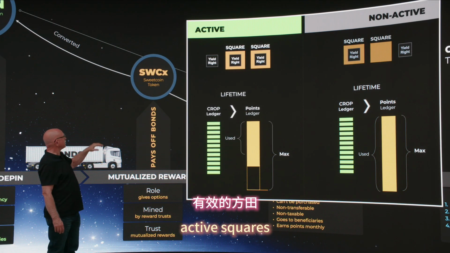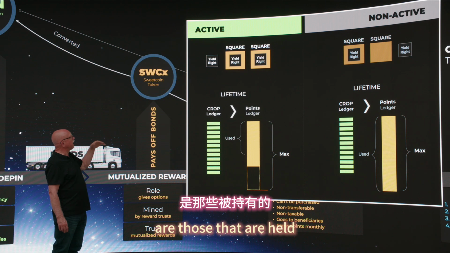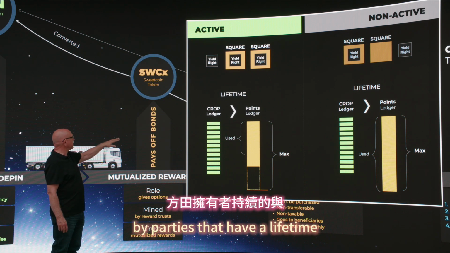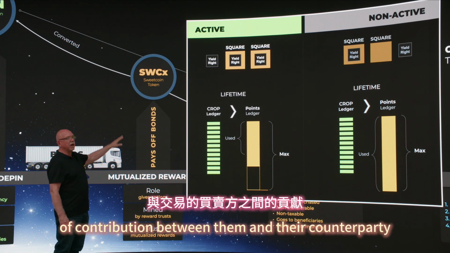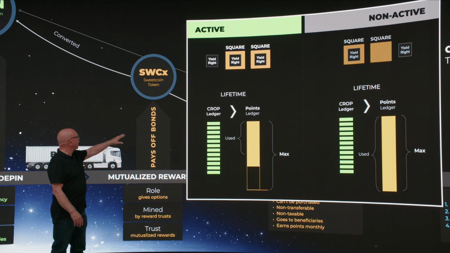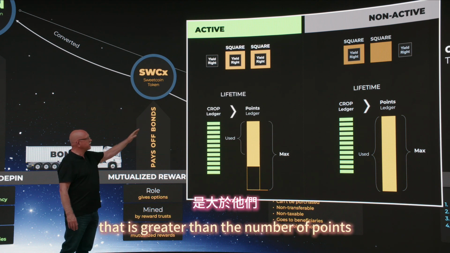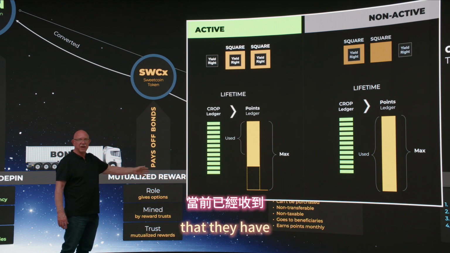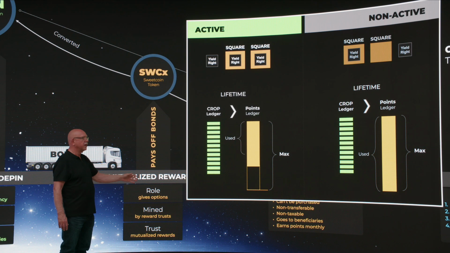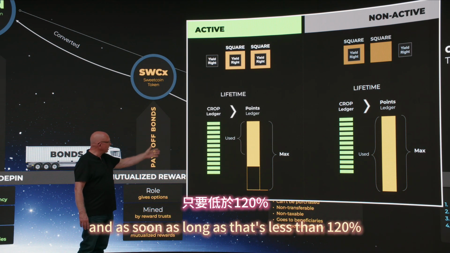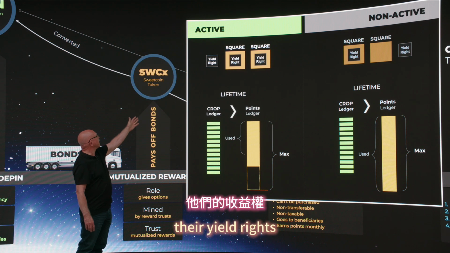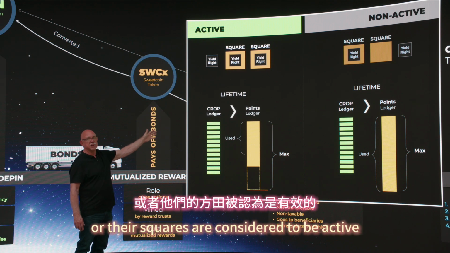Active squares are those that are held by parties that have a lifetime of contribution between them and their counterparty of MDPN tokens to buy crop that is greater than the number of points that they have currently received. And as long as that's less than 120%, their yield rights or their squares are considered to be active.